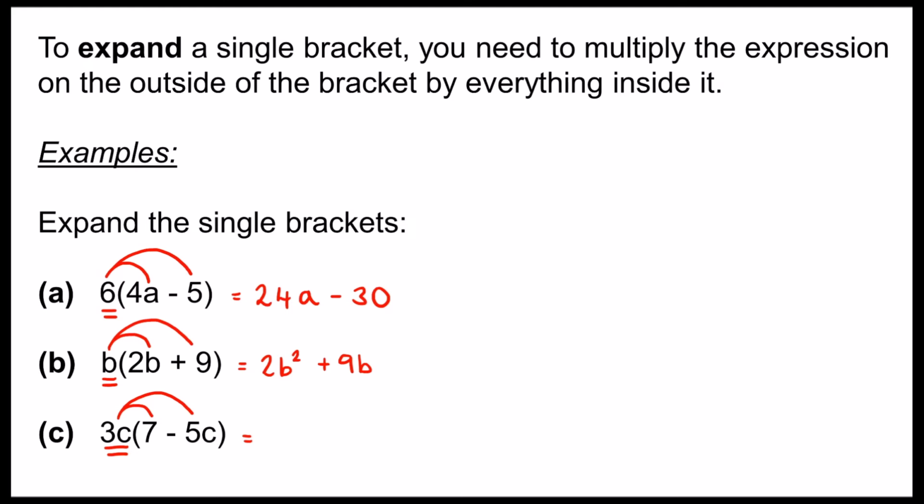So 3c multiplied by 7, well, I know that 3 times 7 is 21, so that's going to be 21 lots of c. And 3c times minus 5c, well, 3 times 5 is 15, so that's going to give me minus 15, and c times c gives me c squared at the end. So my final answer is 21c minus 15c squared.